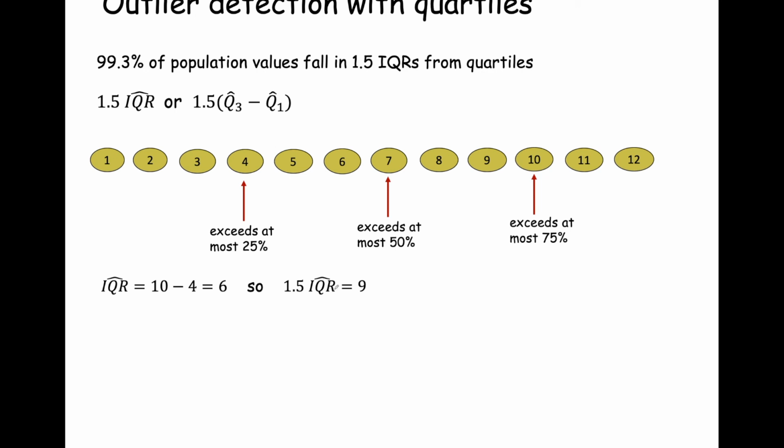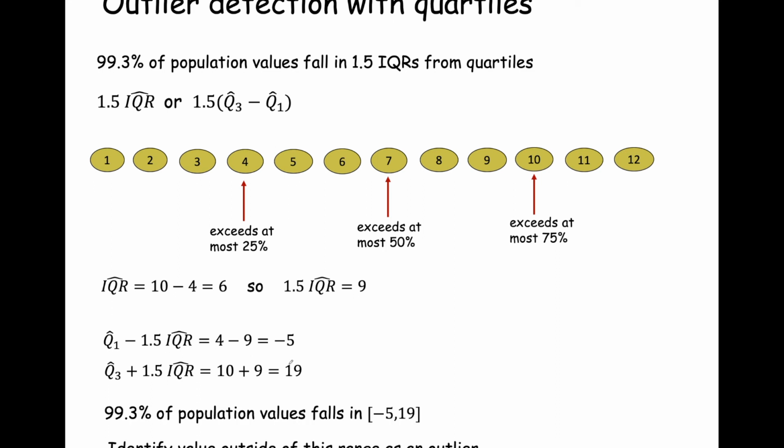So given 1.5 IQR hat is 9, Q1 minus 1.5 IQR is 4 minus 9, that's negative 5. Likewise, Q3, our third quartile, plus 1.5 IQR, that's 10 plus 9 is 19.